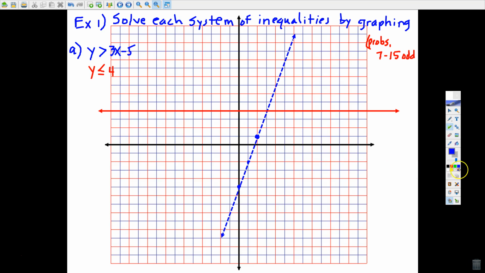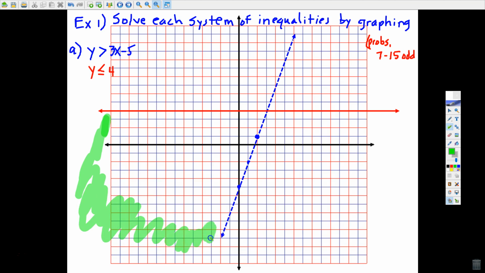Now that I've got those two boundary lines drawn, I'm going to shade, and we already said that greater than is above the line, so above the blue, and less than is below, so below the red. So the area that's both of those, above the blue and below the red, is this area that I'm shading in green.